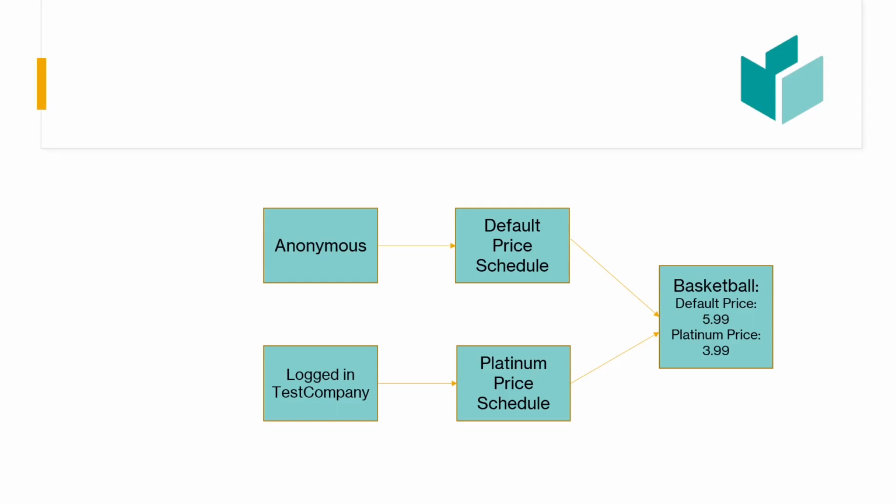For the product, the basketball in this case, the anonymous user will see the default price schedule, which is $5.99, and the logged in user, who belongs to the test company, will see what I named the platinum price schedule. So they should see a lower price for this product just based on being logged in and verified to be associated with that company.